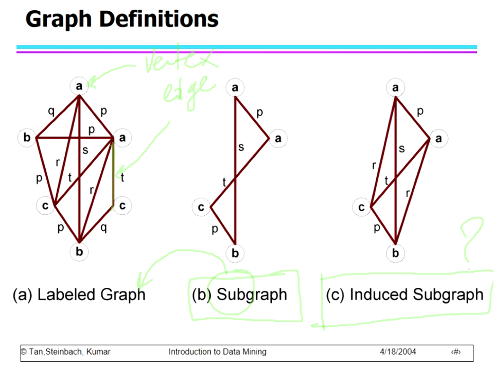So what's the meaning of induced subgraph? An induced subgraph is a subset of vertices plus all edges connecting pairs of vertices.